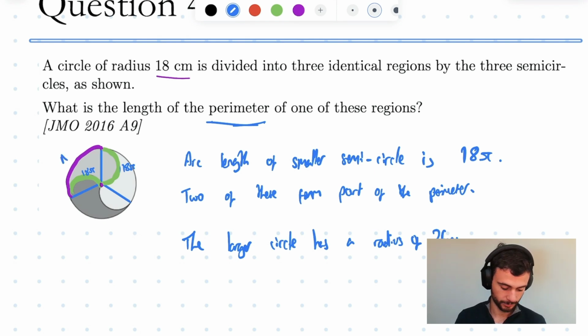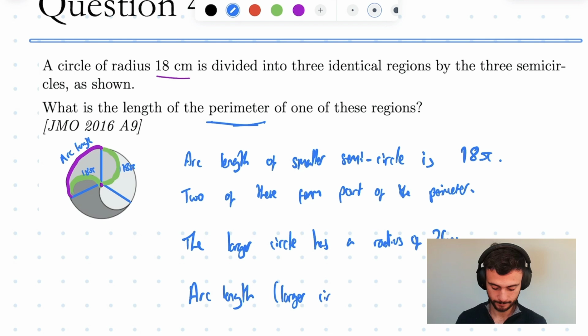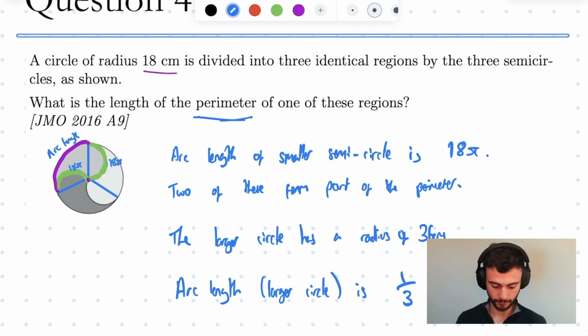Let's just call this the arc length of the larger circle. So it's a third of the circumference, which is 2 times pi, and we said the radius is 36.